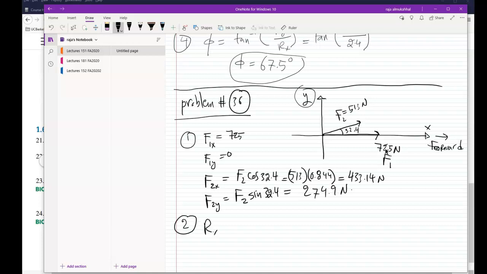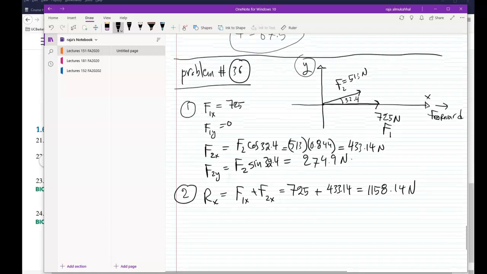Second, let me find R sub x, the x component of the resultant force. So R sub x is just going to be what? F1x plus F2x. So that's going to be 725 plus 433.14. And when I do that, 725 plus 433.14, 1158.14 Newton.